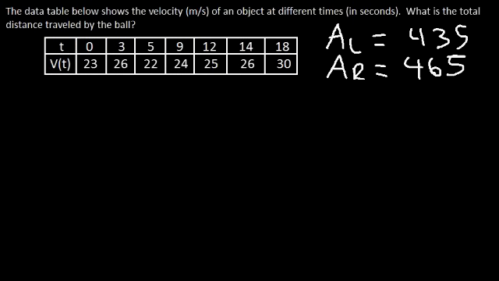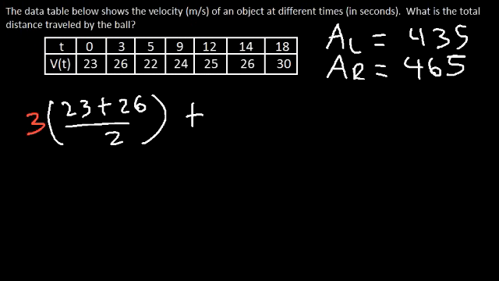So for the first point, the width of the interval is 3, and we're going to average 23 and 26. So initially I'm going to write it out. So it's 3 times 23 plus 26 divided by 2. Now for the next part, between 3 and 5, we're going to average 26 and 22. So the difference between 3 and 5 is 2, and then we're going to add up 26 plus 22 and divide it by 2.